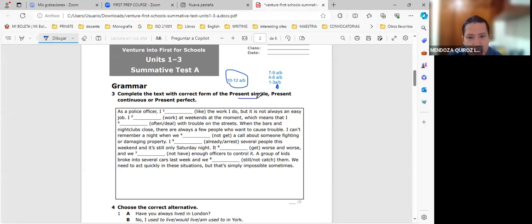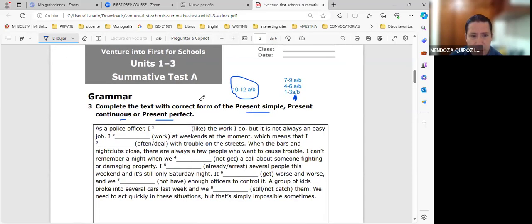We're going to practice the present simple, present continuous, and present perfect here. I'm going to give you a couple of minutes, and if you are ready, we can start now. For example, as a police officer, you have these options: present simple, present continuous. You know that present continuous is impossible here because you cannot say I am liking. Like is not a verb that can be used in the present continuous.